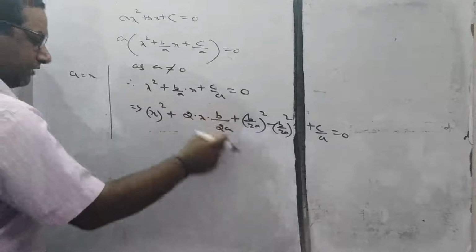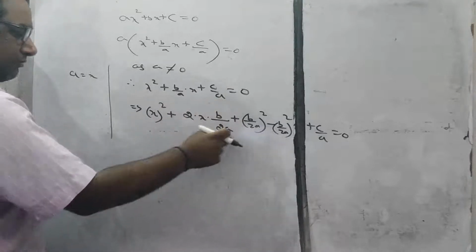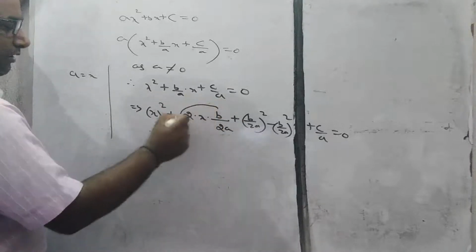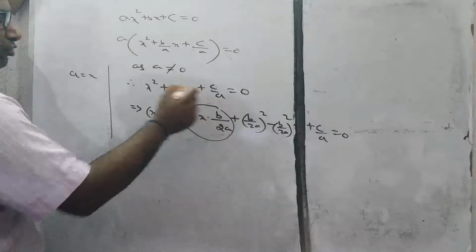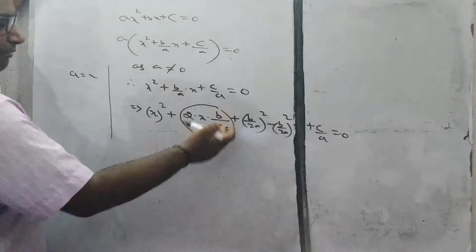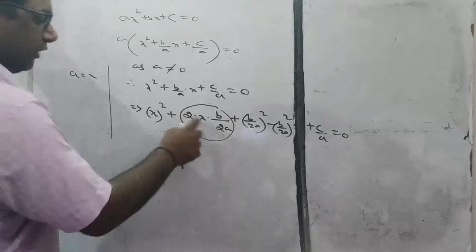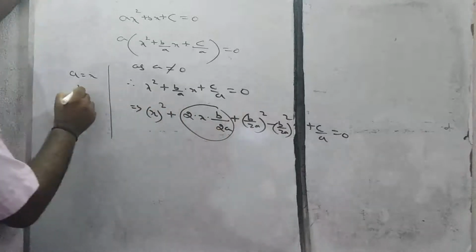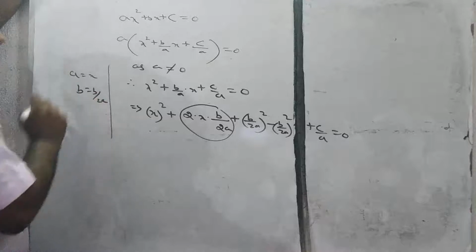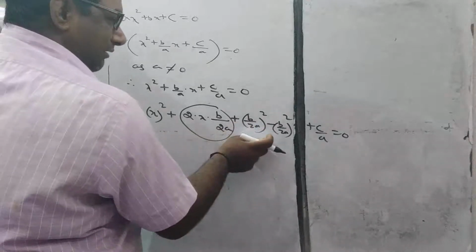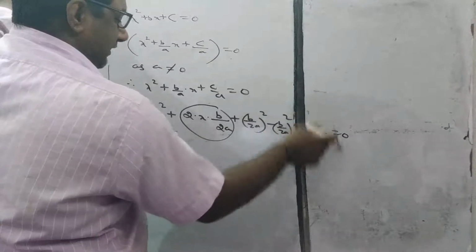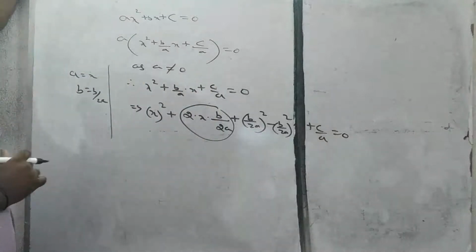Now you have to adjust b such that after multiplication of this term, you get b by a into x. So we have to write b by 2a. So 2ab, if you know the b, here b is b upon 2a. So plus b square, then minus b square, and c by a is already given in the question.